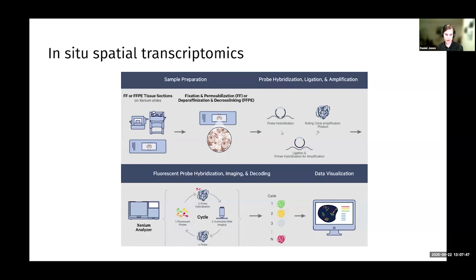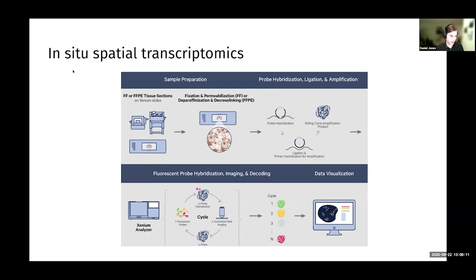To give you a broad overview of what imaging-based spatial transcriptomics platforms look like, this is a schematic showing 10x's Xenium platform. They all work in a vaguely similar manner, so this works as a stand-in for a few other platforms. What's important to understand is these are probe-based platforms.